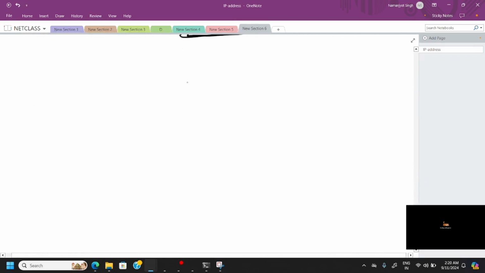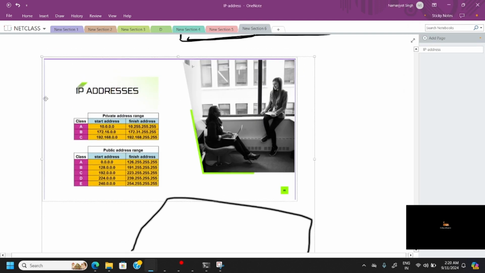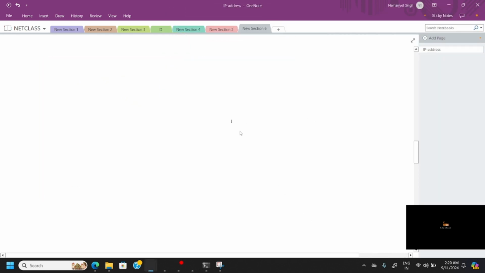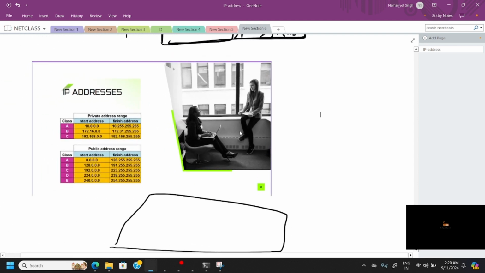So let's take the classes of IP addresses. This is the classes of IP addresses. So class A we have 10.0.0.0 to 10.255.255.255. See, in a clock we have 359 degrees. After 359 there is not 360, there is 0. It is the same concept with IP addresses.